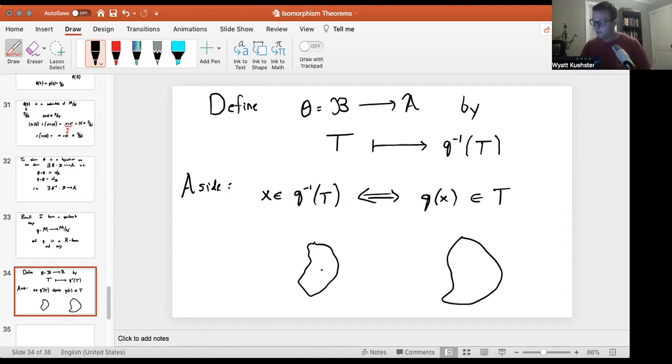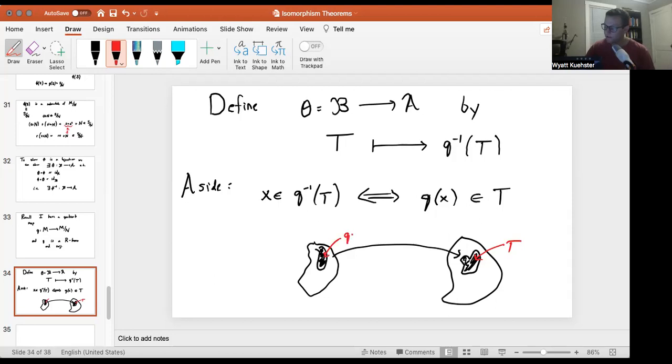So let's say that I have a function and all of these elements map into this set. Then if this is like the set T, then this is the pre-image.